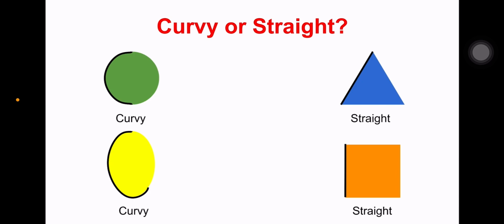Lines are very important because lines help build our shapes, and they can be smooth or sharp depending on the shape. Smooth lines, round lines make smooth shapes, and straight lines make sharp shapes with pointy edges.